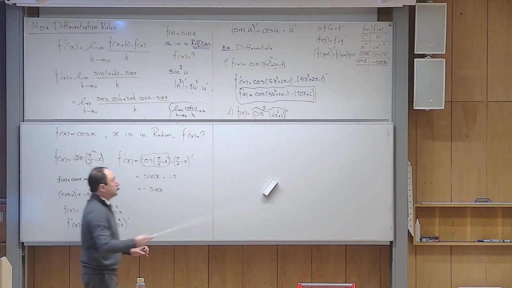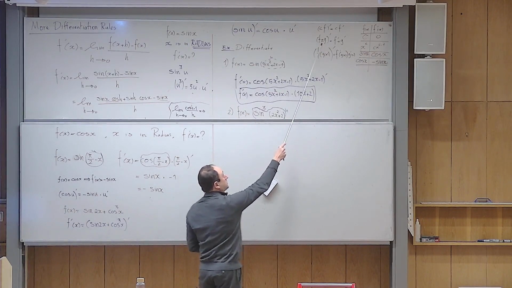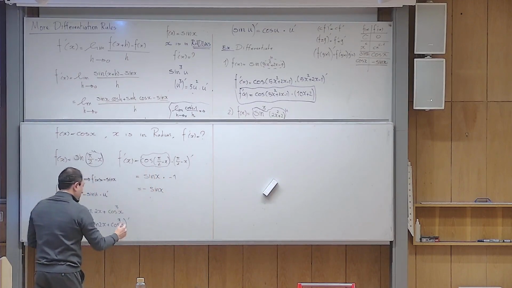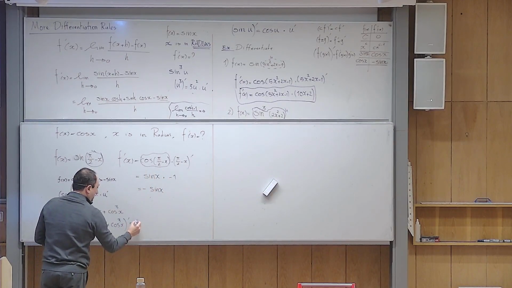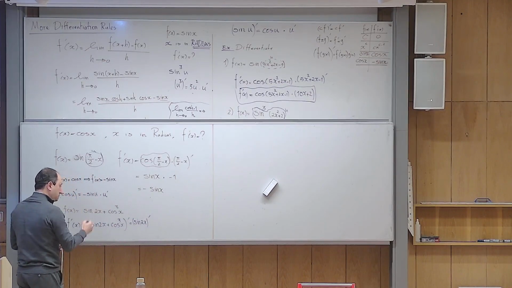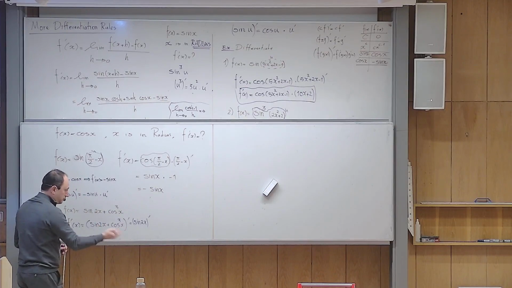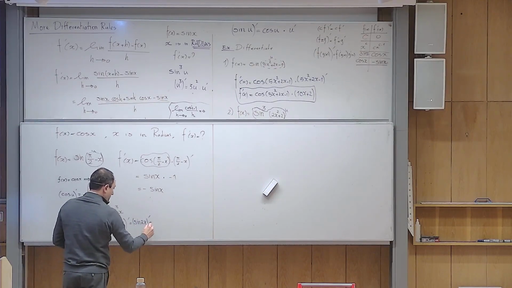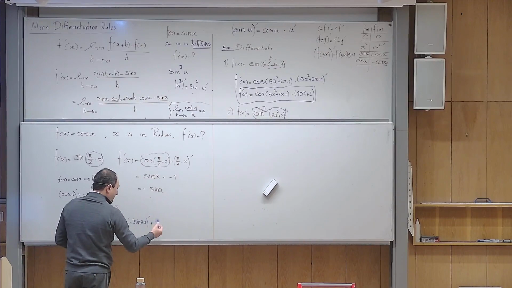So first I apply the plus version of this formula to write it as sine of 2x prime. I don't insist you write all these details in the exam, but you need to think in that way. If you want, you can skip one part, but you shouldn't skip thinking about it in this way.